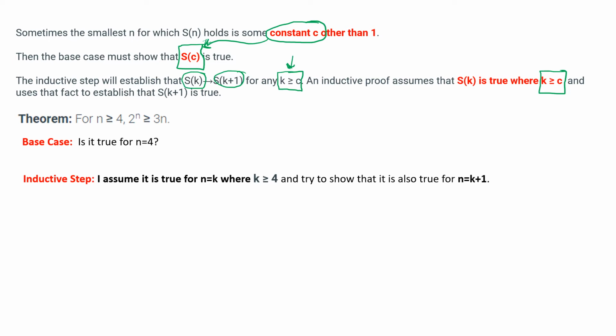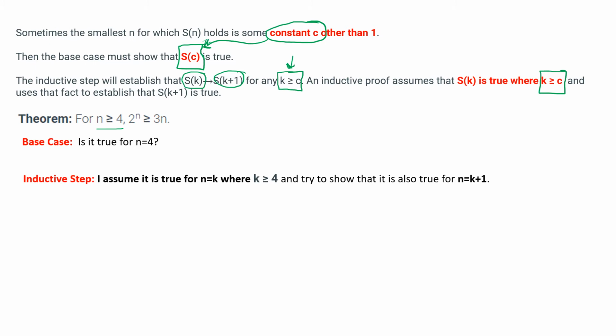This theorem is saying it's true for n greater than or equal to 4. So in this case, we don't have to show that it's true for n equals 1 or 2 or 3. We just have to show for the base case that it's true for n equals 4, because that's where we're starting here, right? And true for n greater than or equal to 4.